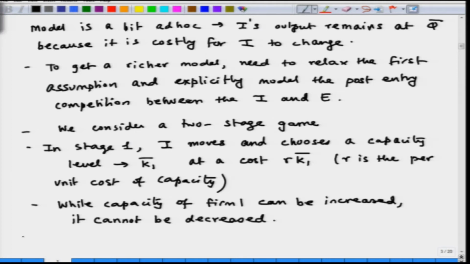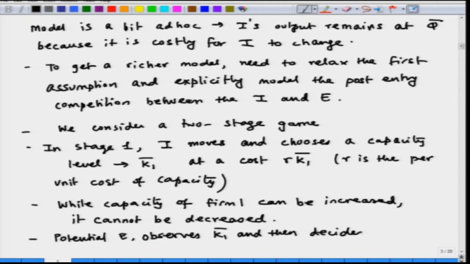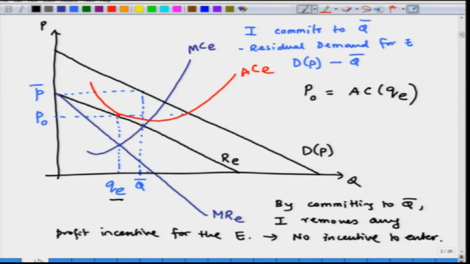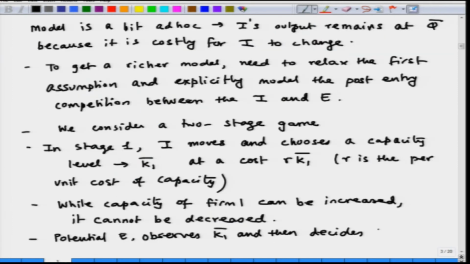The potential entrant observes K1 bar and then decides to enter or stay out.